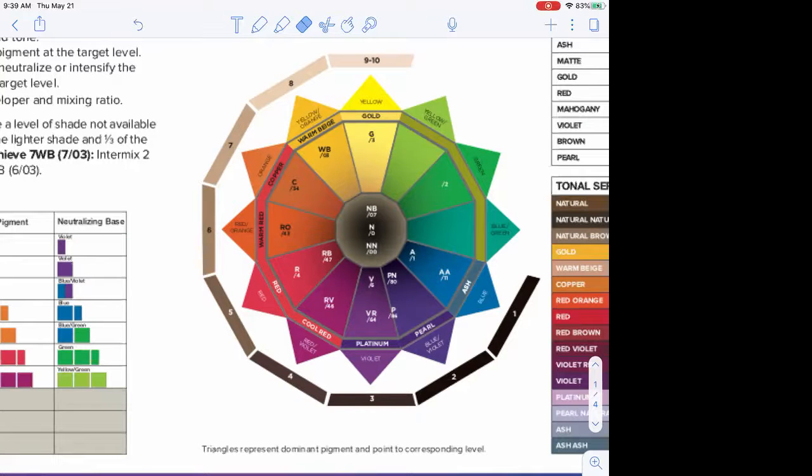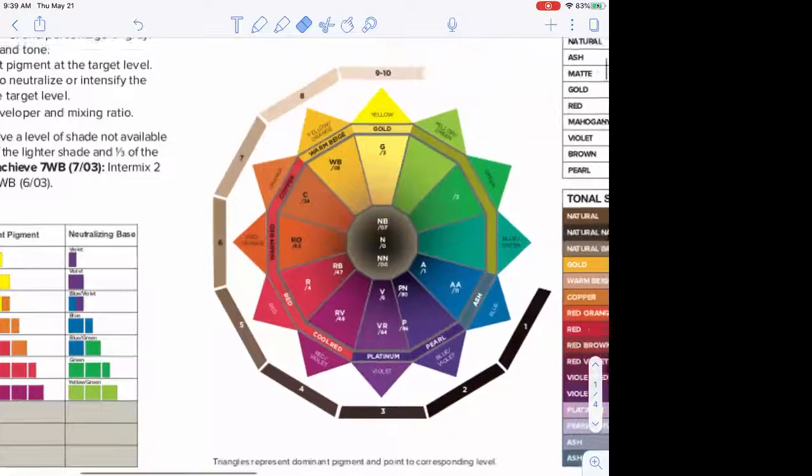So, okay. Tonal bases. The other thing is, this I'm showing you is a permanent option. So these would be opaque. I would not be able to see through them once this is rinsed, because it is a permanent color. Now, this is also not about timing. It's not about letting it process all the way out the full 35 minutes.